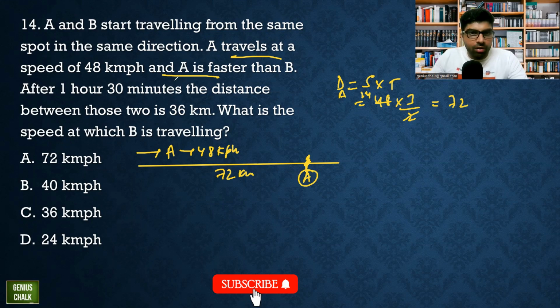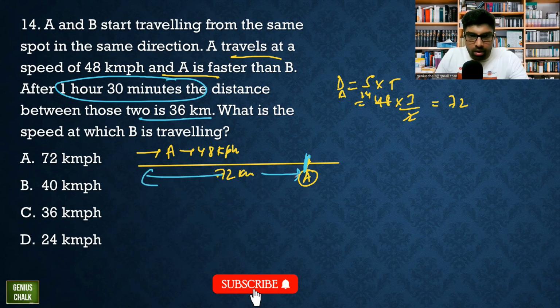Now, after 1 hour 30 minutes, it's given the distance between those two is 36 kilometers. That means this is 72 kilometers away from here, and B is somewhere here down the line, and this distance was 36 kilometers. I hope you're getting my point.